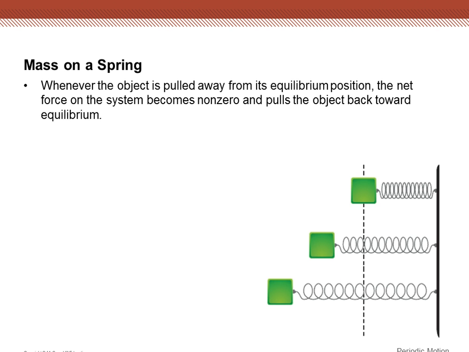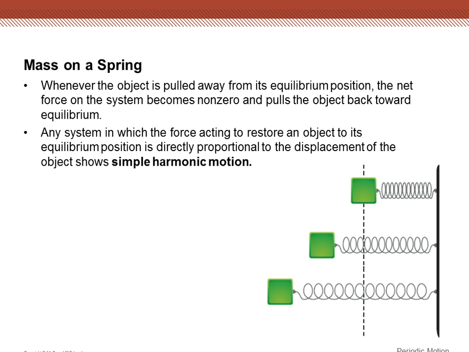Anytime we have an object that is pulled away from its equilibrium position in this simple harmonic motion, the net force on the system becomes non-zero and pulls the object back toward the equilibrium. Any system in which the restoring force acting on an object is directed toward its equilibrium position and is proportional to the displacement of the object shows simple harmonic motion.